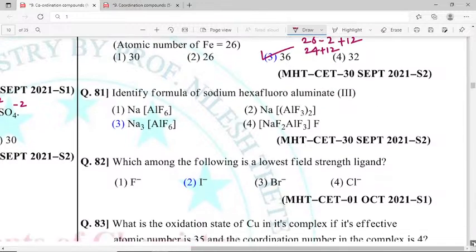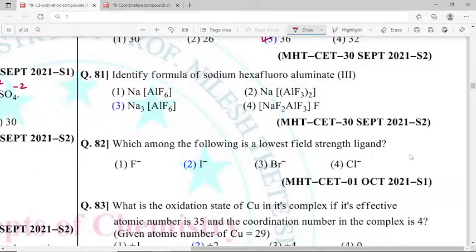Identify the formula of hexafluoroaluminate(III). Oxidation number 3. Hexa stands for 6. Aluminate, oxidation state plus 3. So the oxidation state we have to calculate here. Aluminium plus sodium plus 3, so aluminium minus 3, total as minus 3.